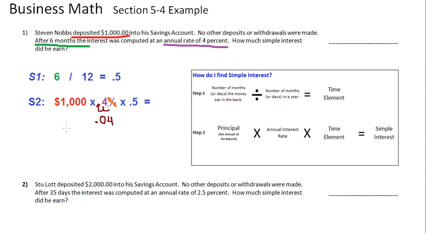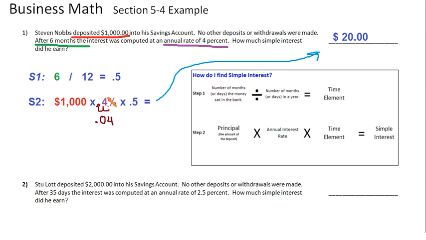So if you take 0.5 times 0.04 times 1,000, your answer is going to be $20. If you properly handle this formula, your answer is going to be $20.